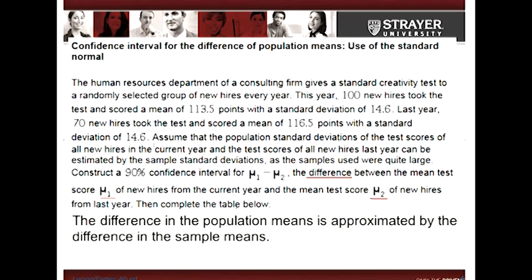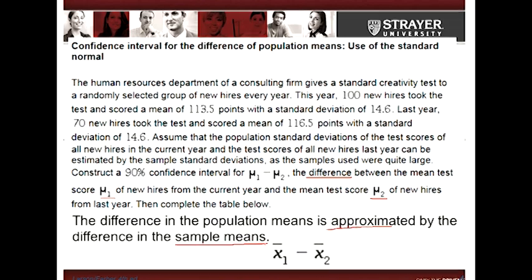The difference in the population means is approximated by the difference in the sample means. We're asked about the population means, but remember, all of this that we're doing with confidence intervals is to approximate those values using the sample.